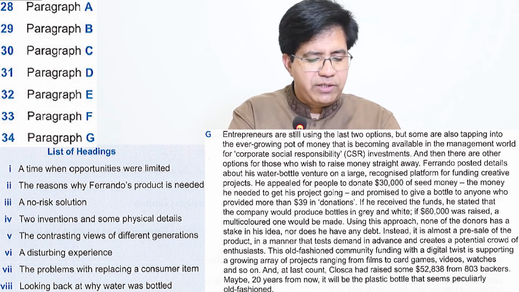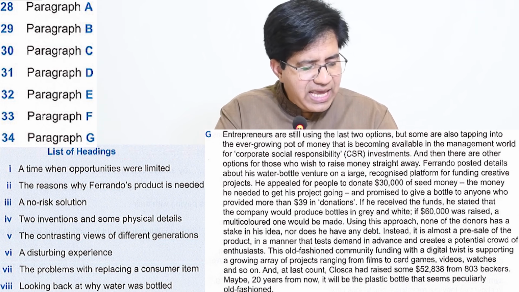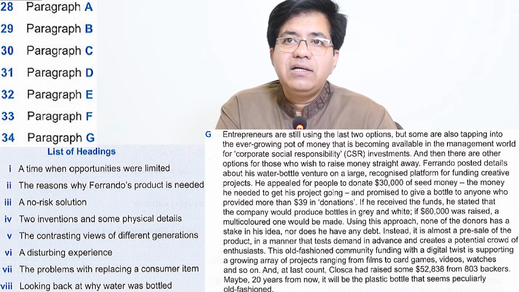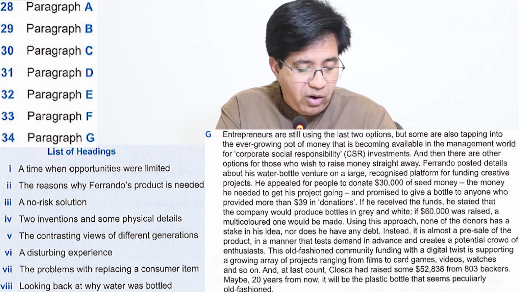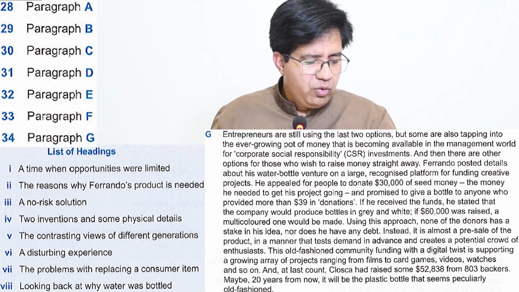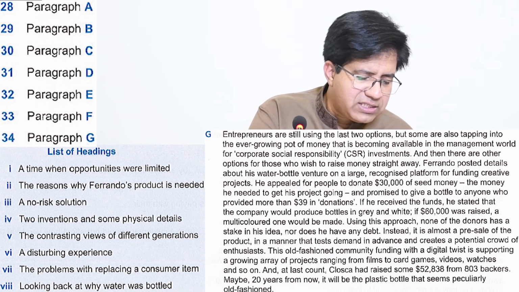No risk solution. Now, what is no risk? Using this approach, none of the donors has a stake in his idea, nor does he have any debt. Now, when there is no debt, means there is no risk on it. Instead, it is almost a pre-sale of the product. So, question number 34, paragraph G, answer is 3.